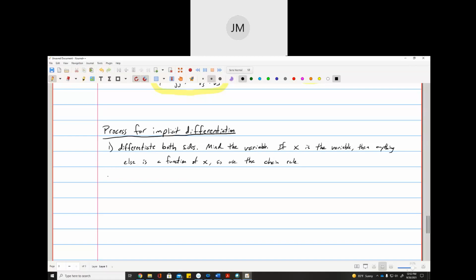All right, the next step, after we've finished differentiating both sides, is we need to gather all of the dy dx terms on one side of the equation.